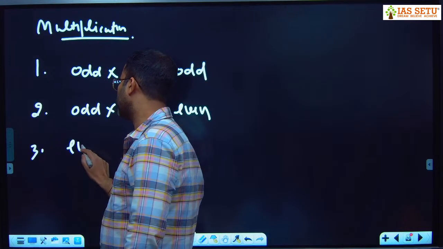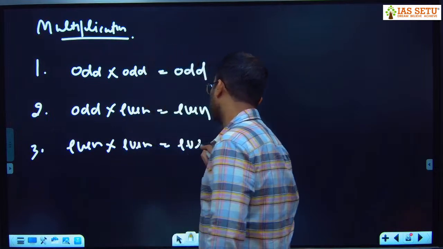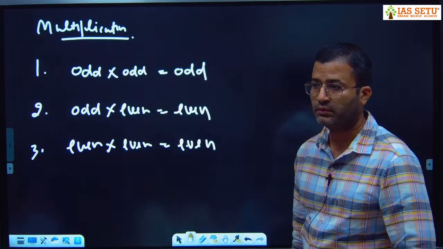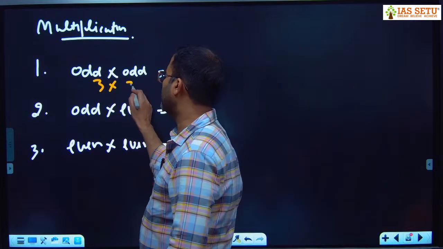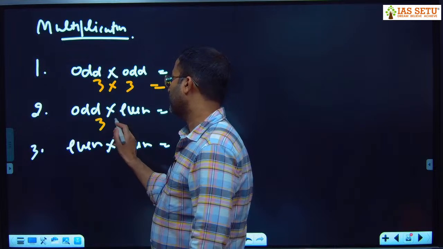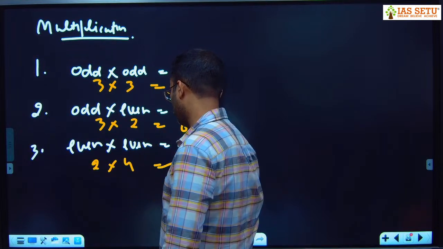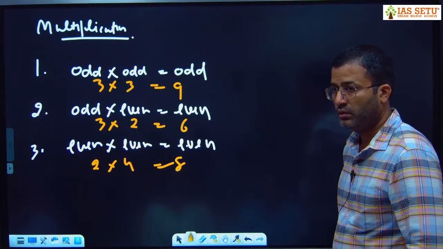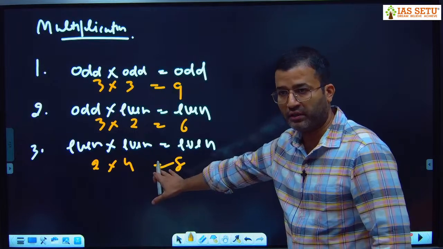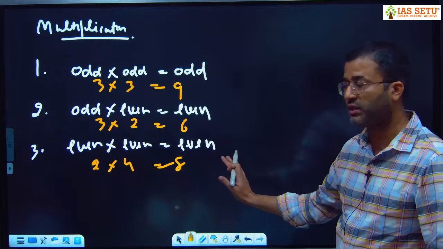Third concept here is even multiplied with even, even. Like 3 into 3, 9. 3 into 2, 6. 2 into 4, 8, or 2 into 2, 4. This is level 1 learning. इसके beyond मैं बताऊंगा because it is very important. First you understand this.